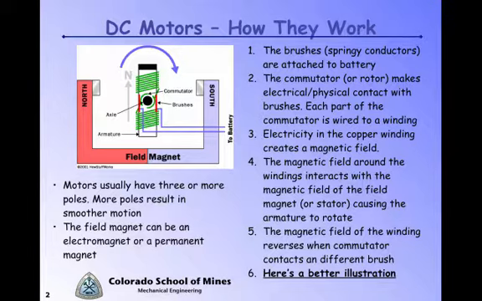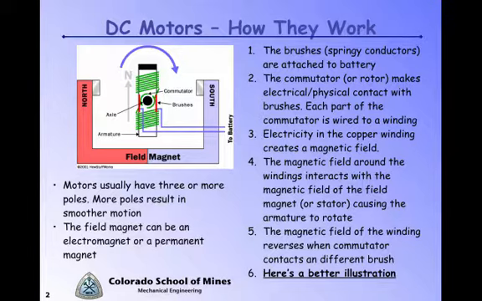So the trick of DC motors is this set of brushes and the commutator, which keeps changing the field direction in the armature, in this case the rotor, and keeps the motor turning. That is what we refer to as a brush DC motor.